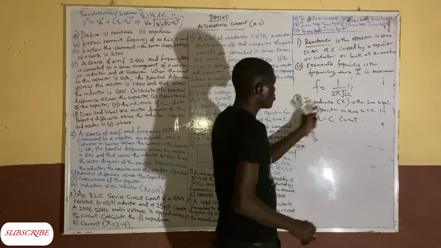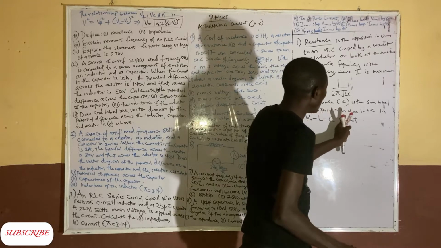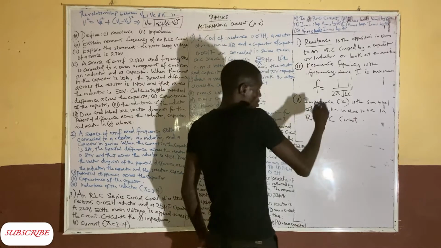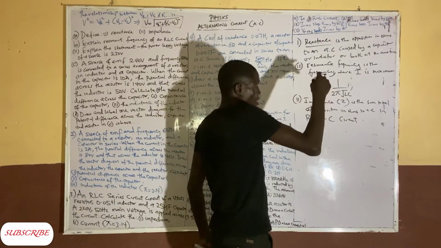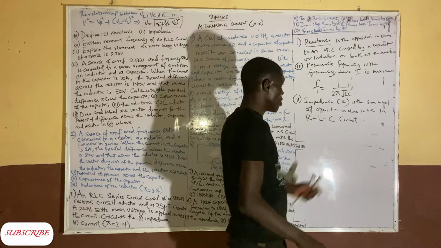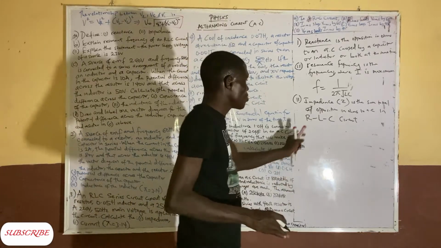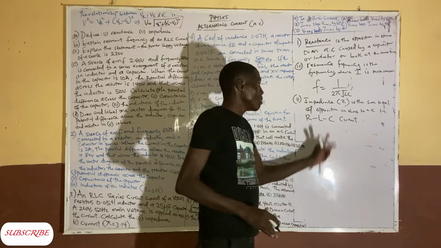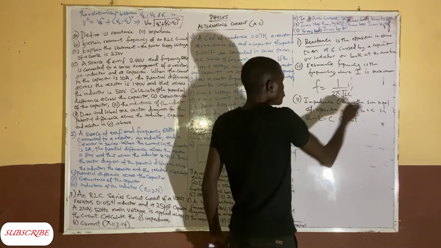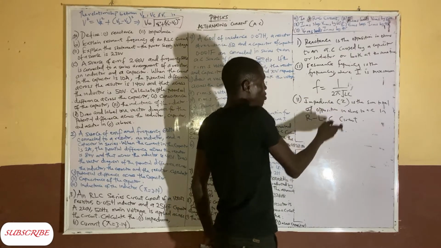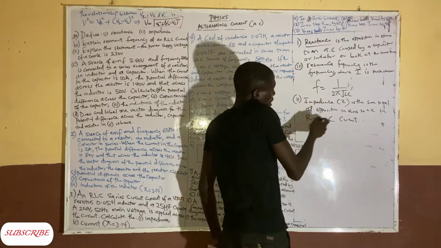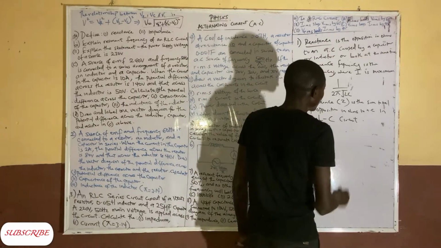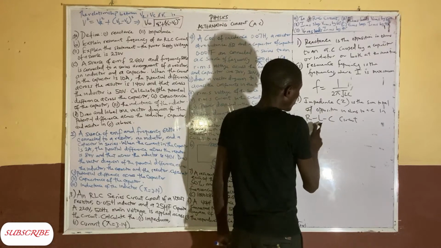The sum total of opposition in ohms to an AC current in an RLC circuit, caused by RLC in a circuit, or you can define it in any form, just where we have a resistor, inductor, and capacitor.